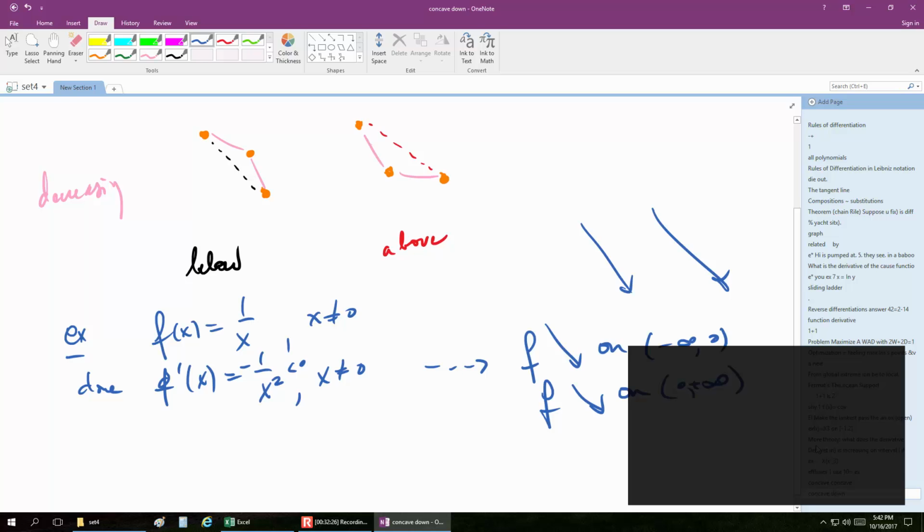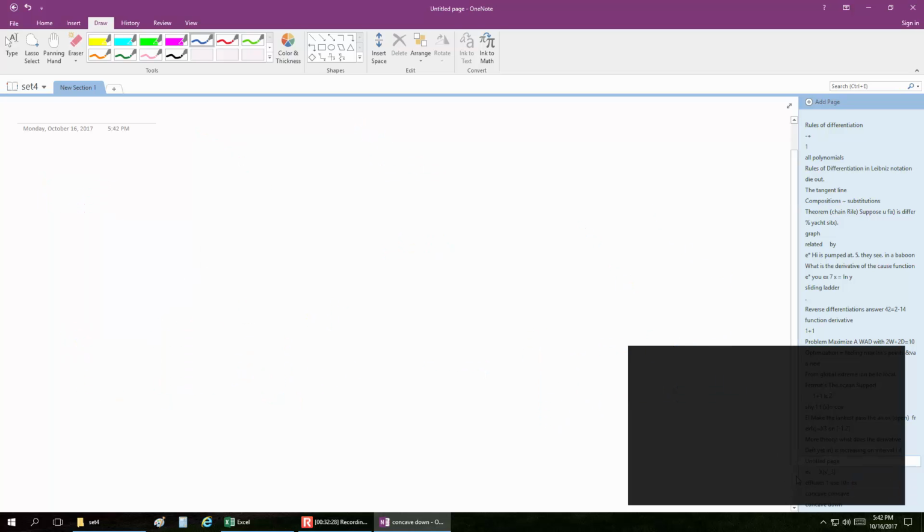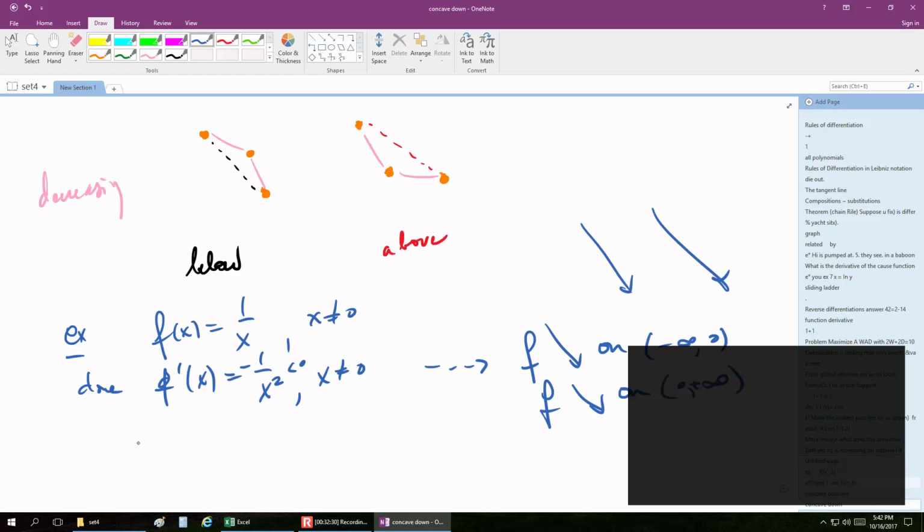Now the next stage, we'll look at the second derivative. The power formula still applies. So the derivative of negative 10 x to the negative 2.